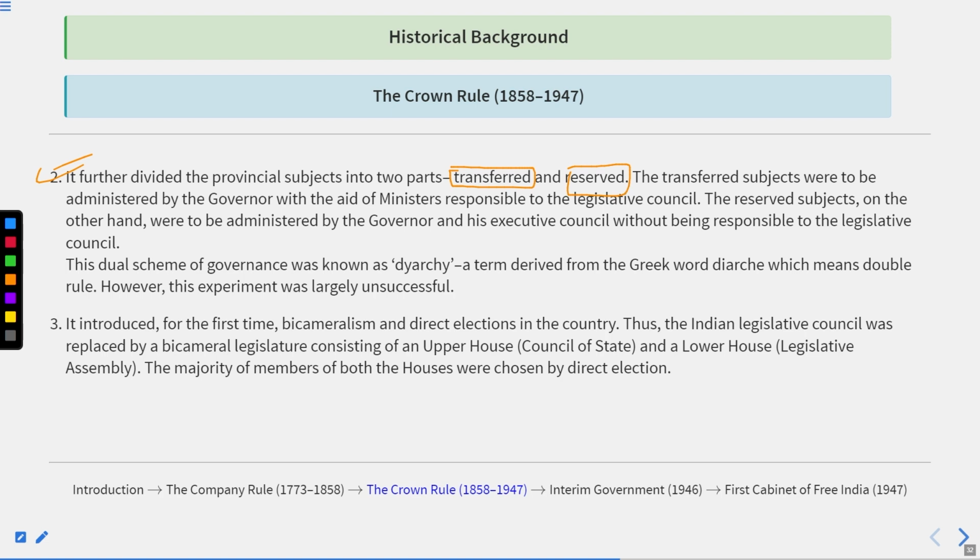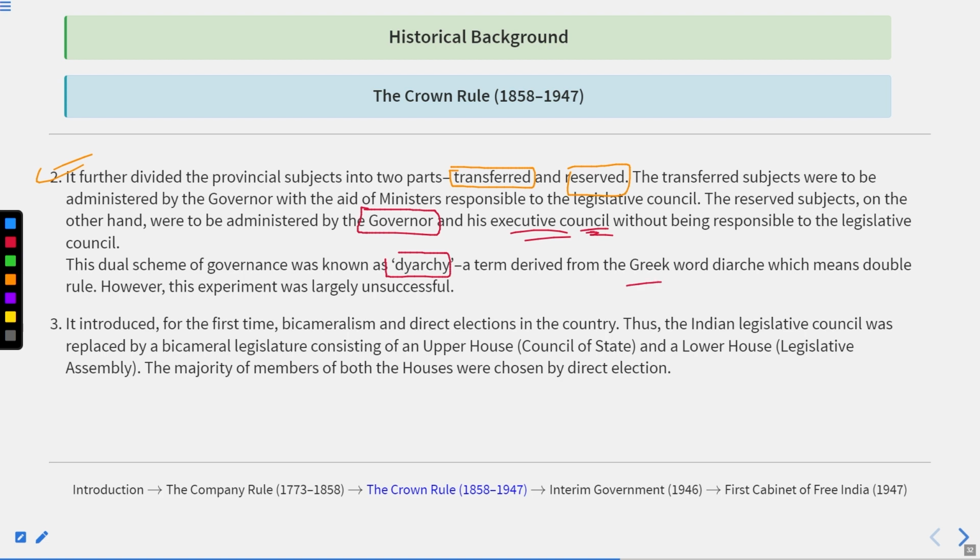The reserved subjects, on the other hand, were to be administered by the governor and his executive council only. It means that the legislative council did not have any right to discuss any fact and figure about the reserved subjects.